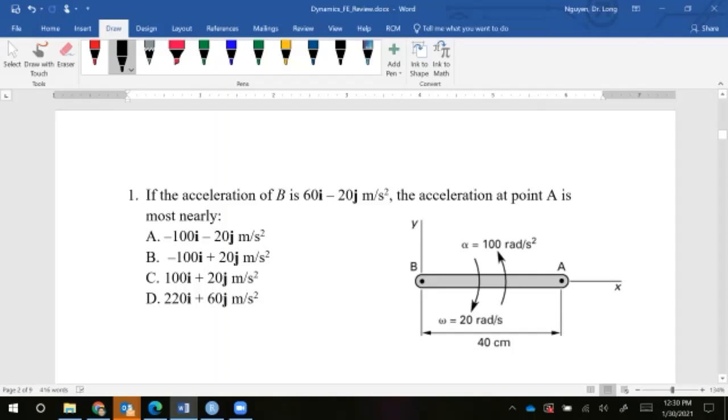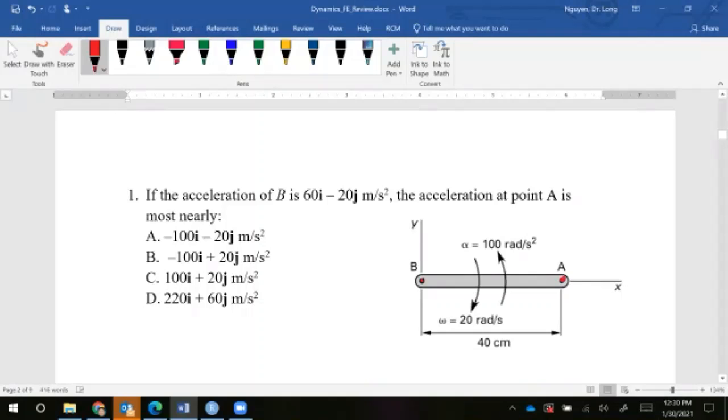So they give you the acceleration at one point, in this case point B, and we want to find the acceleration at point A. Given one point's properties, find another point's properties.